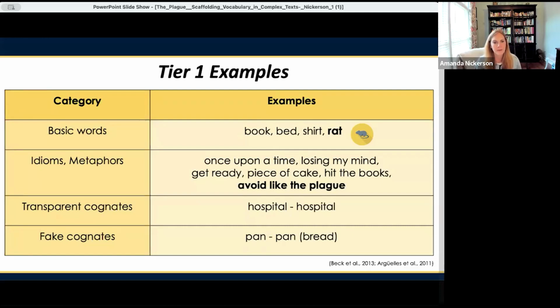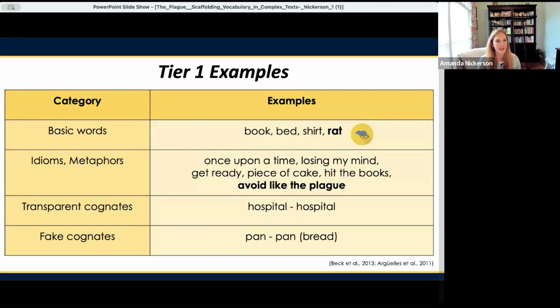There might be transparent cognates like hospital and hospital, right? And there are also some fake cognates there, pan and pan. So in one language, it is something that we can cook with. In the other case, it's bread. And those are pretty straightforward, concrete definitions that might warrant a little bit of instruction, especially for English learners, right?